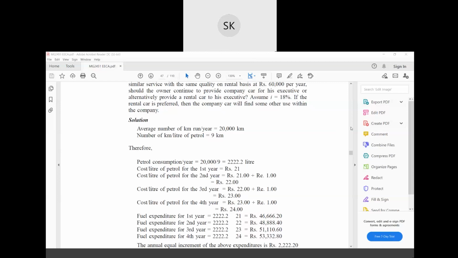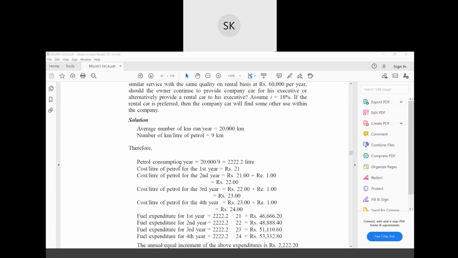My screen is visible, right? Are you able to see my cursor? Are you able to see my screen and cursor? Yes, ma'am. Okay.